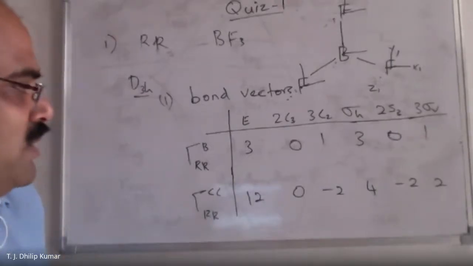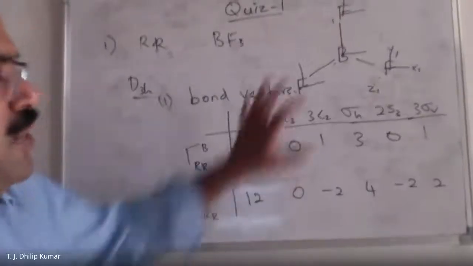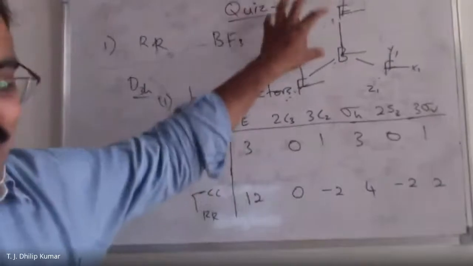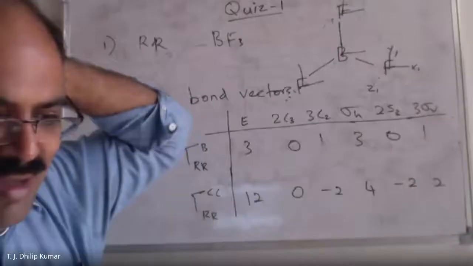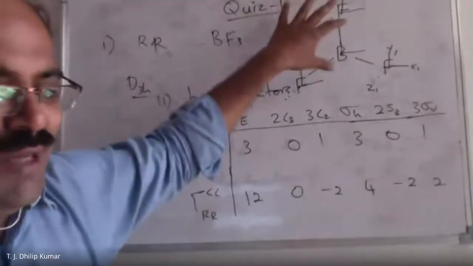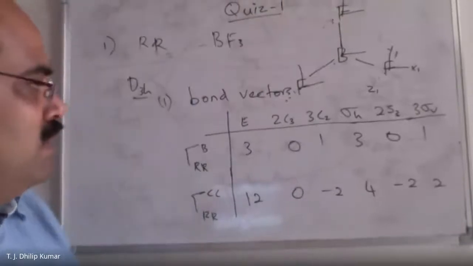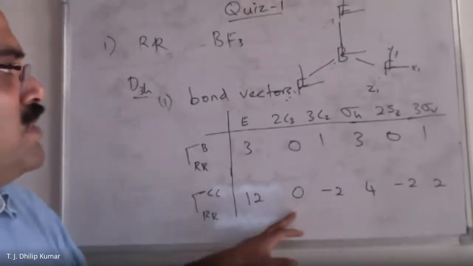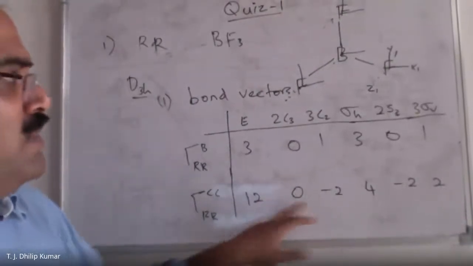Okay, sir. I'm not sure, I have to check it. But to my knowledge, I haven't seen it. So I understand they have taken the whole molecule as one 3N here, and then you have taken the reducible basis. You'll get 3, 0. Yes, I have to check it.